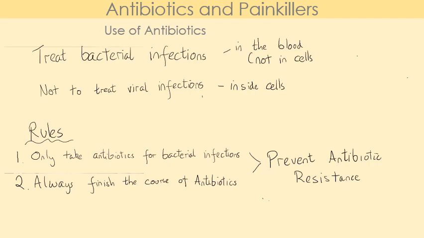That increases the rate of antibiotic resistance. So we can also add a third rule, which is to reduce antibiotic use in agriculture, and again that will help prevent antibiotic resistance.